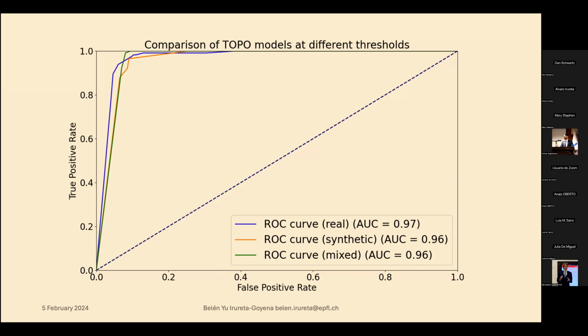In any case, the perfect classifier will look like that, and it will have an area under the curve of 1. So the closer it is to the top left corner, the better the classifier is. In this case, you can see the performance of the 3 models, the one trained with real, the one trained with synthetic, and the one trained with mixed, was all very good.